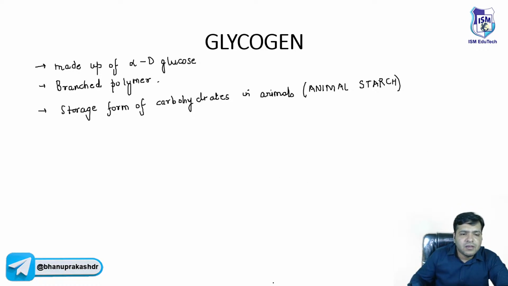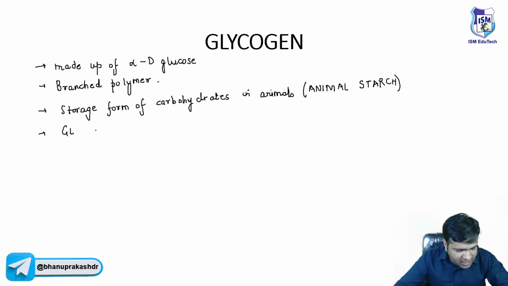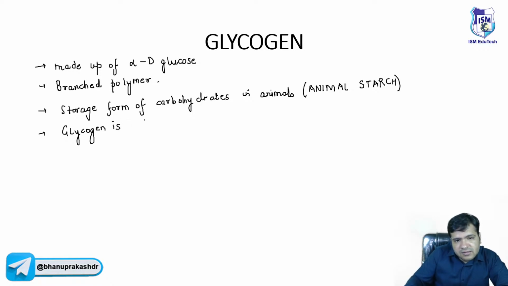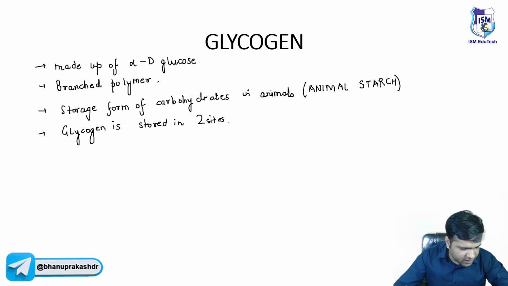Now remember, beta, glycogen. In our body there are two sites where glycogen is stored. We are discussing biochemistry, so I want everyone to write those two sites in the chat box. Glycogen is stored in two sites in our body.